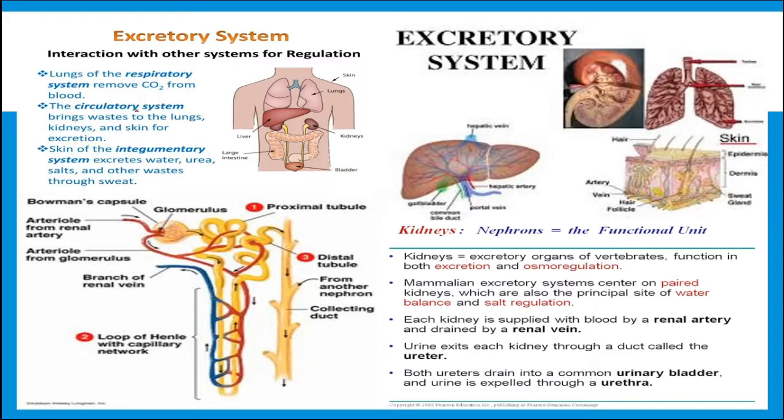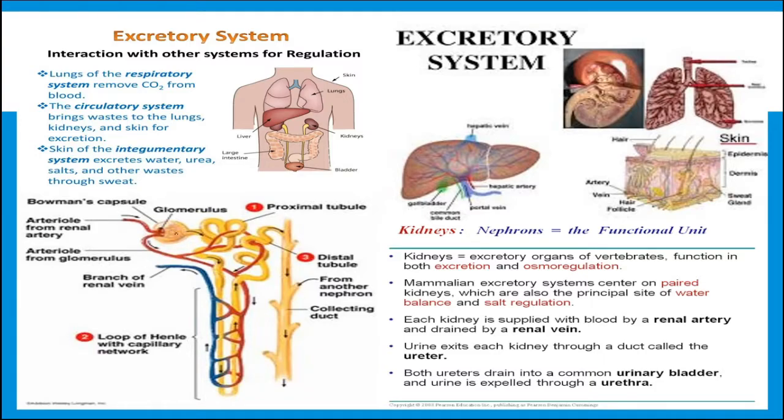The lungs remove carbon dioxide from the blood. The circulatory system brings waste material to the lungs, kidney and skin for excretion, and the skin is also involved in the excretion of water, urea and different types of salts through sweat.